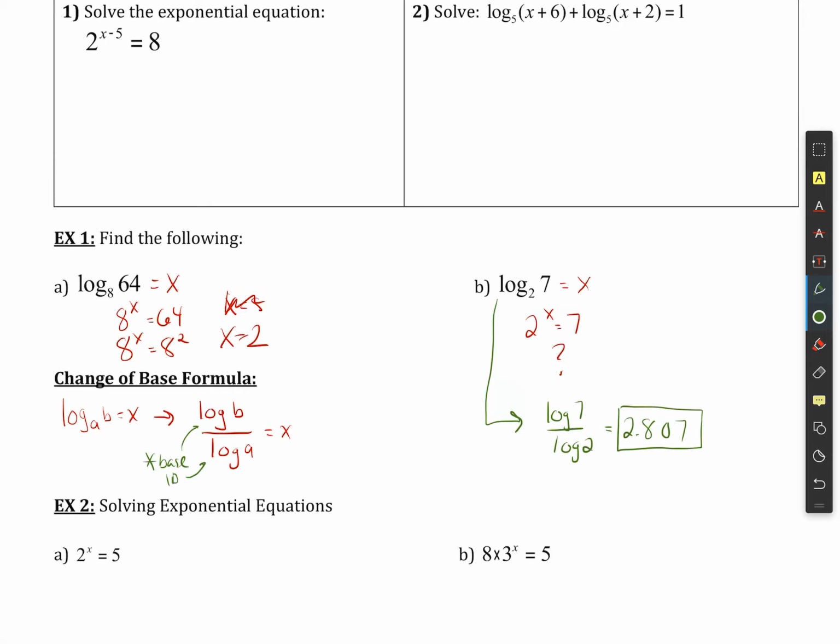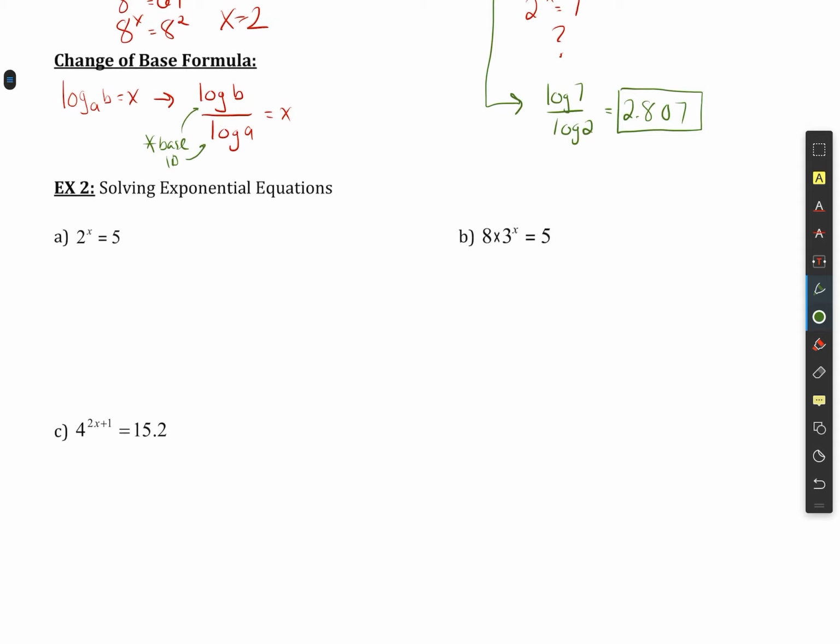All right, let's look at a few examples. In this situation, we're starting off in exponent form. So to be able to successfully do this, we have to convert this into log form. Log base 2 of 5 equals x, because again, the question is 2 to what power is 5? And we can't do a change of base, so we don't really know the nice clean answer.